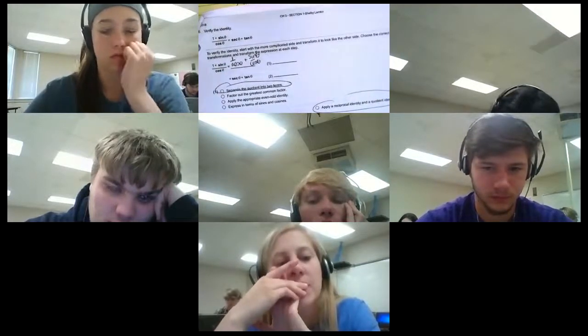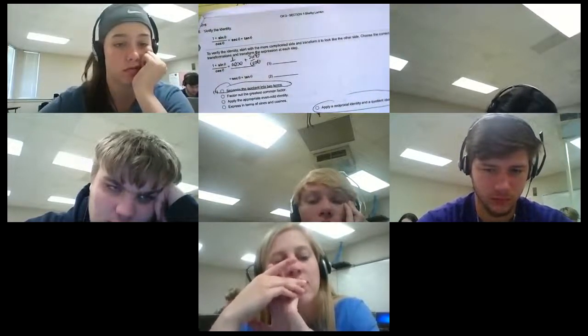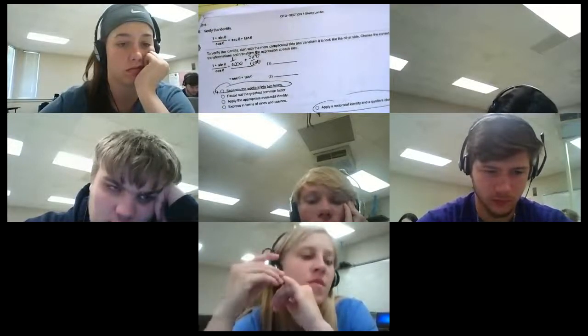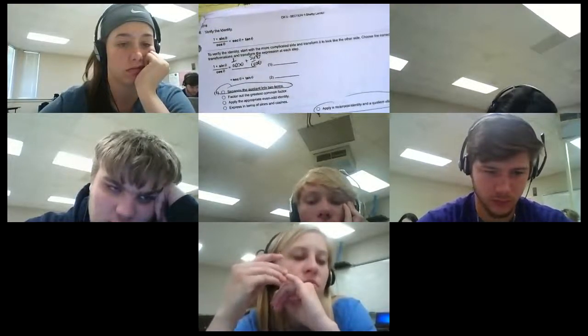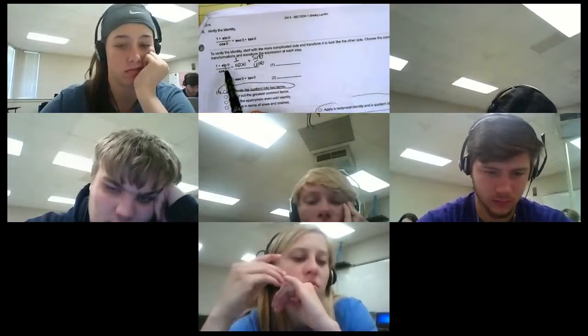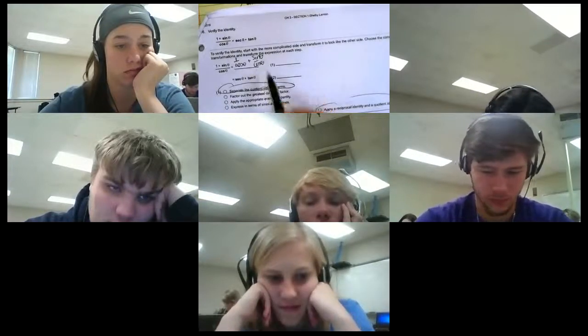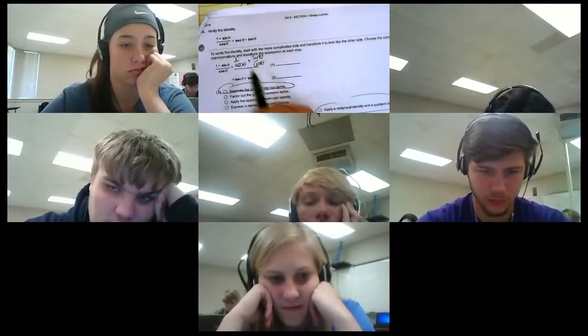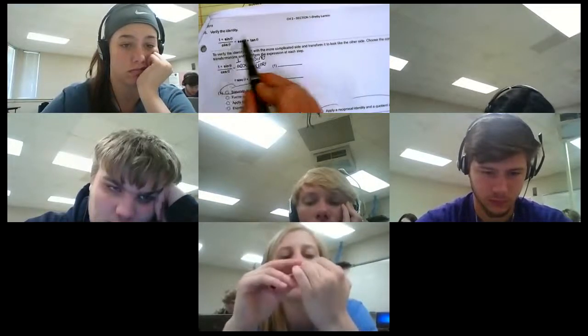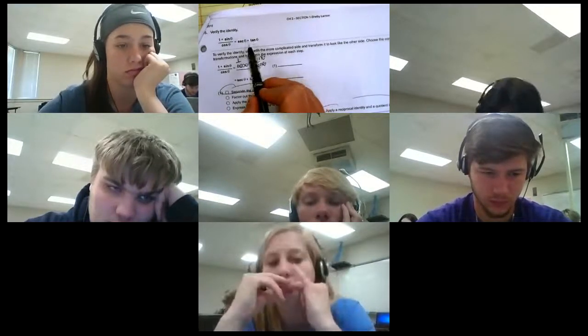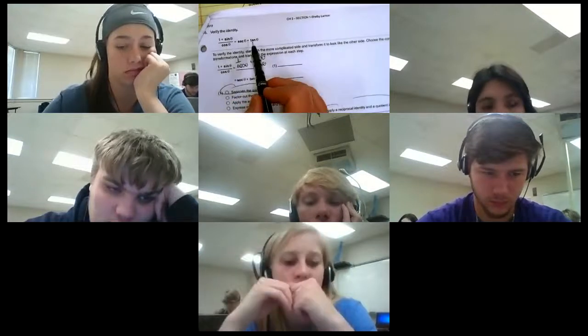16, verify the identity. To verify the identity, start with the more complicated side and transform it to the other side. So you've got 1 plus sine theta over cosine theta. We split it. The first thing we did was we separated it into two terms because it went from being one fraction to being two items. So you're looking at that going, I've got to get that split into two items.